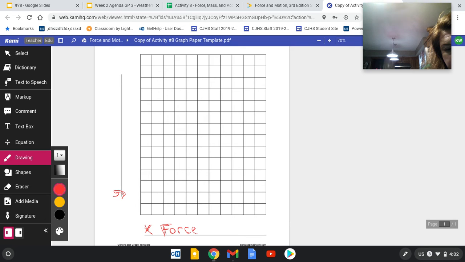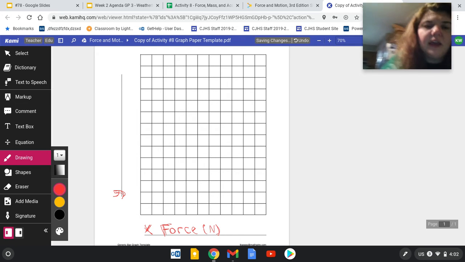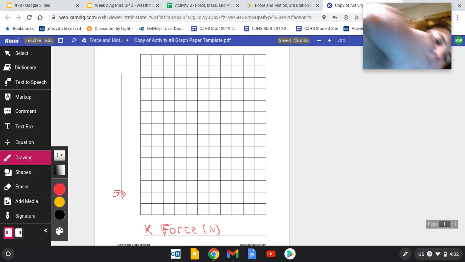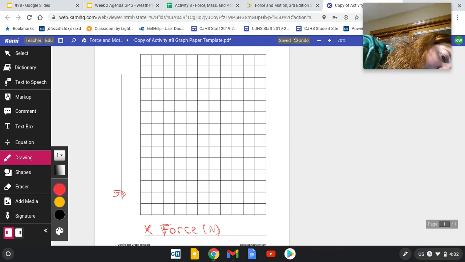And of course, we measure force in newtons. So in parentheses, I'm going to write newtons. And on the y-axis, we said acceleration.